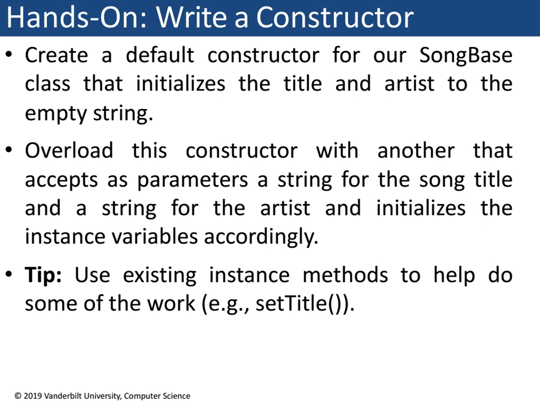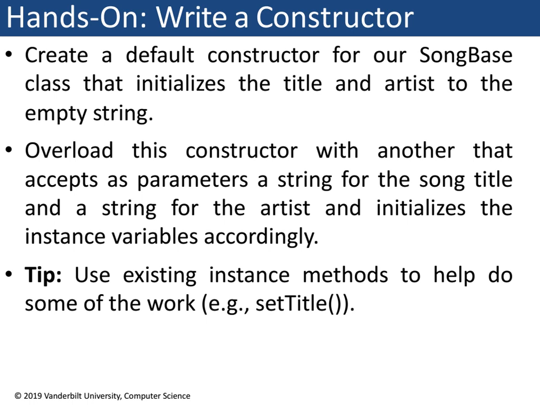So a string is an object, so when Java uses the default constructor, it assigns zero-like values to each of the instance variables. And when we're dealing with an object, a zero-like value would be null.